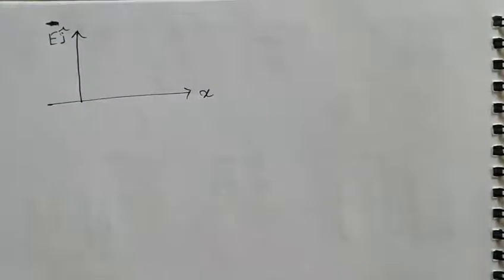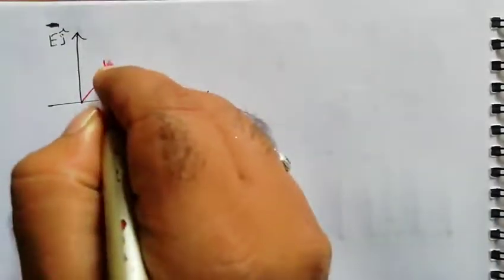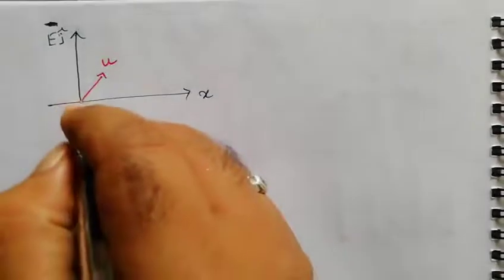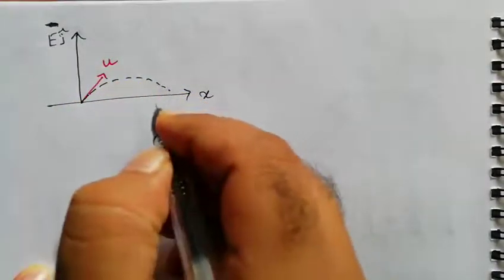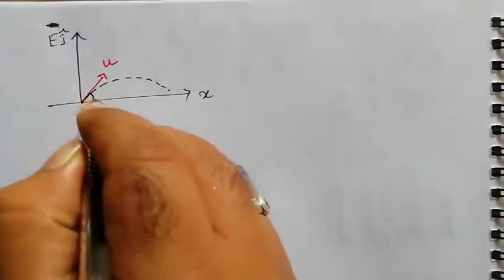Now let us project a charged particle at some angle theta like this with initial velocity u. Then like a parabolic path, it is going to follow some path like this and fall somewhere here. I don't know what will happen actually, so let us calculate now. Let me make some angle theta.